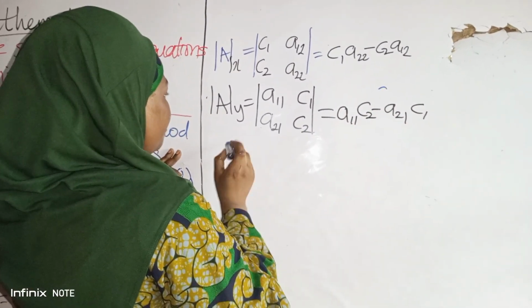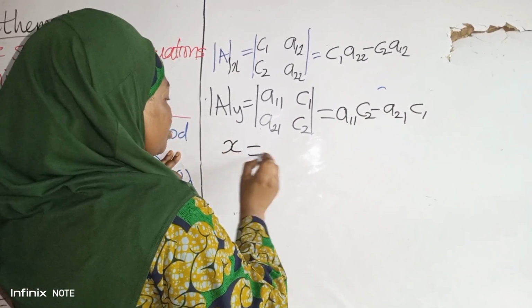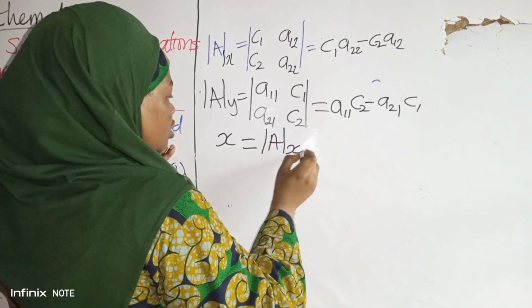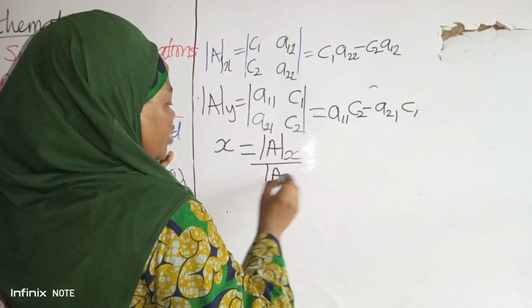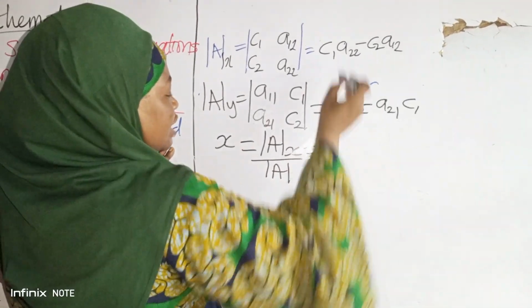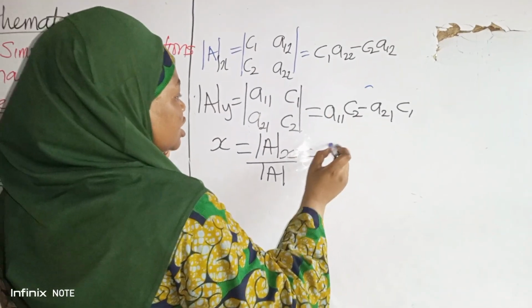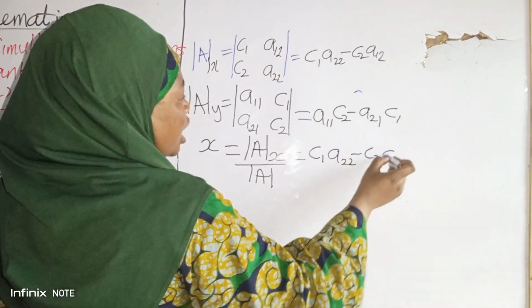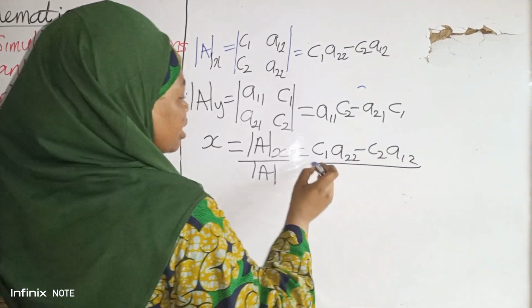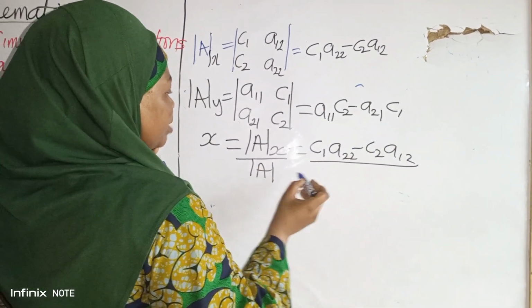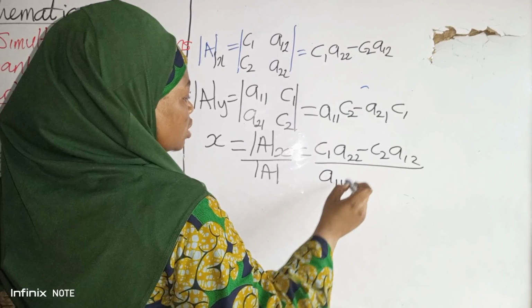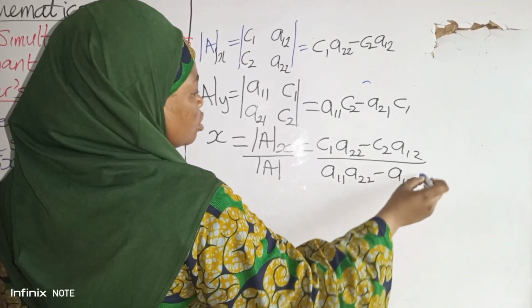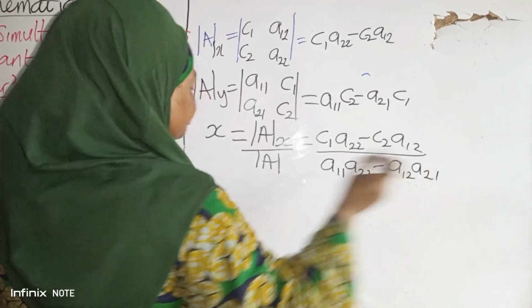So to find x, our x will be equal to the determinant of A with respect to x divided by the determinant of A, which is c1 a22 minus c2 a12 divided by a11 a22 minus a12 a21.